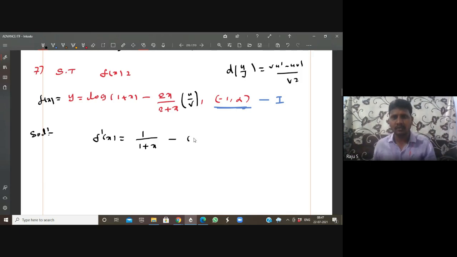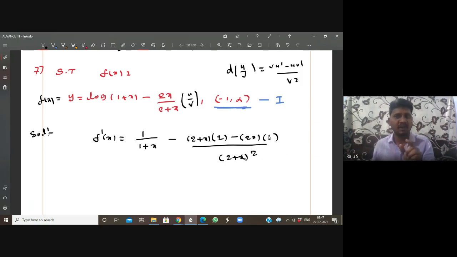Okay, v u dash. So 2 plus x into the derivative of 2x, which is 2, minus 2x into the derivative of 2 plus x, which is 1, by v square. What is v? 2 plus x, the whole square.